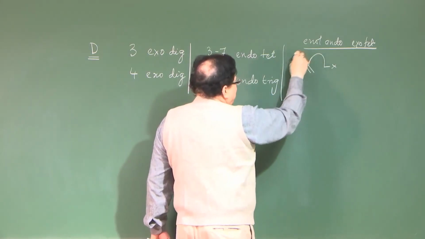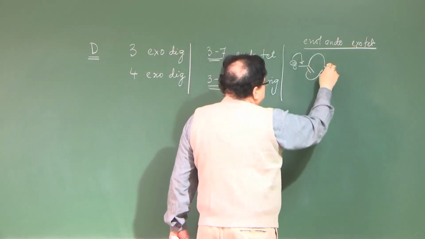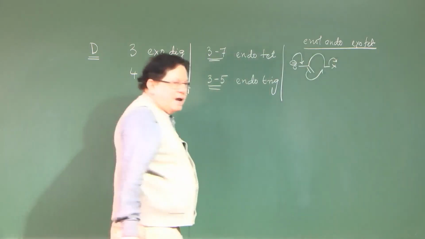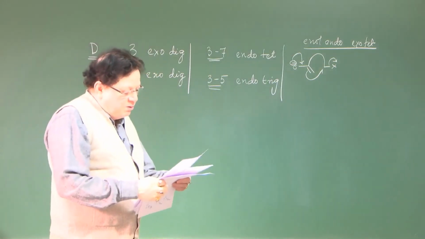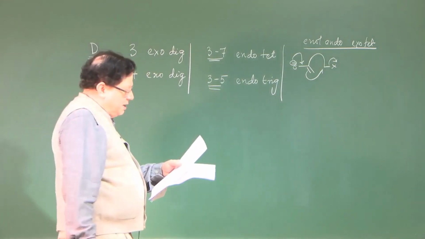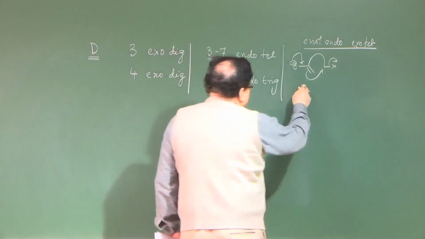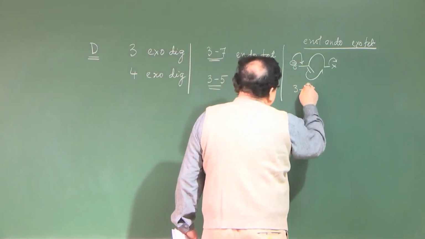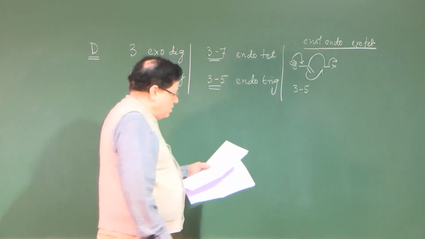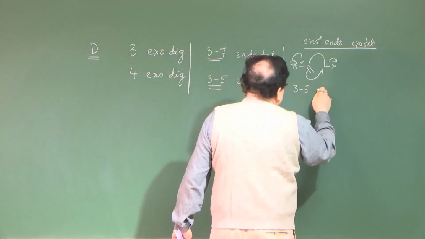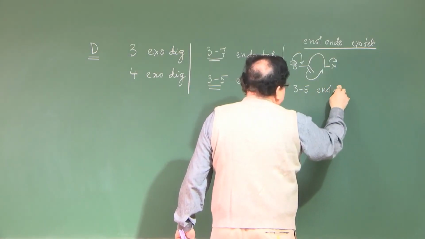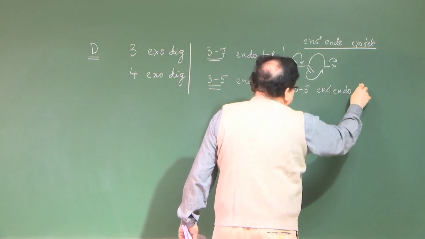So, now this is what is enol endo exo tet. If you think of that type of cyclization, then what happens? 3 to 5 ring size involving enol endo exo tet is disfavored. So, 3 to 5 enol endo exo tet, that is disfavored.